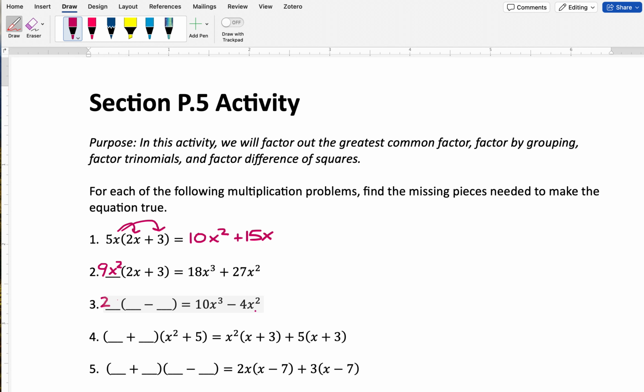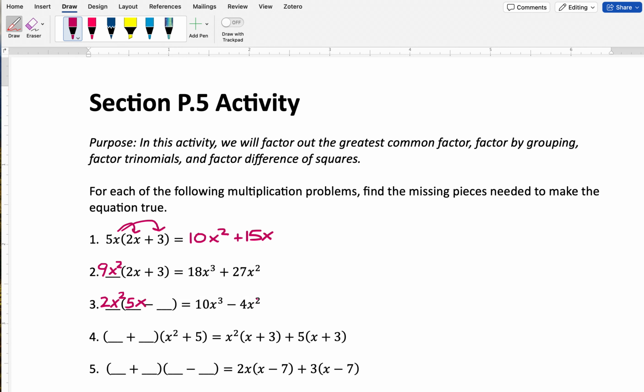Then for the x's, I have x to the third and x squared. So the largest amount of x's that I can take out is 2. So x squared would go on the outside. Now I think about, what do I multiply by 2x squared to get 10x to the third? I need to multiply by 5, and I also need to multiply by x, because I need one more x to get to x to the third.